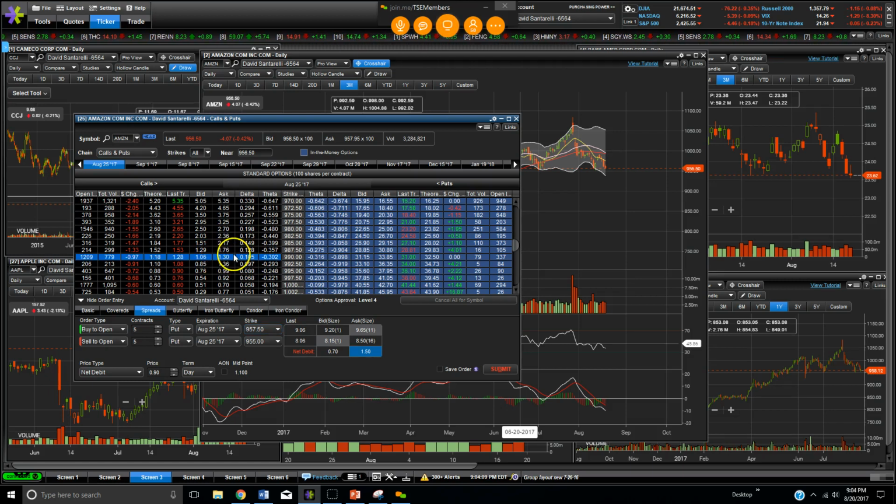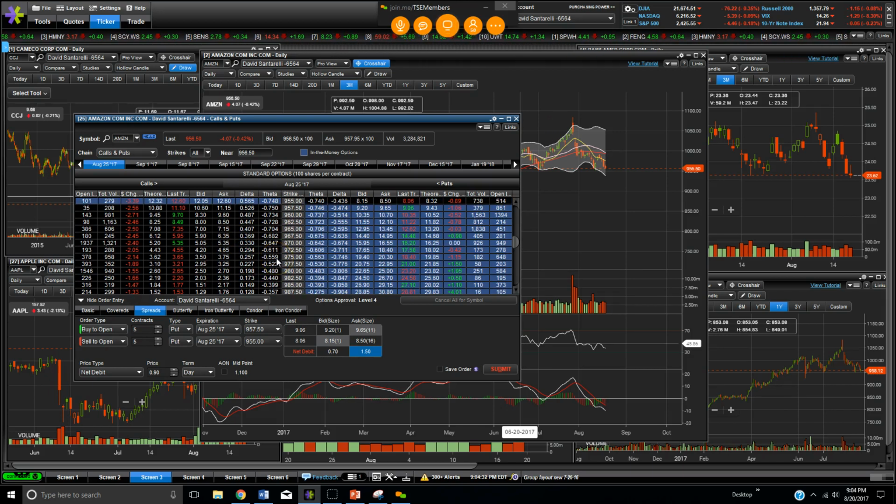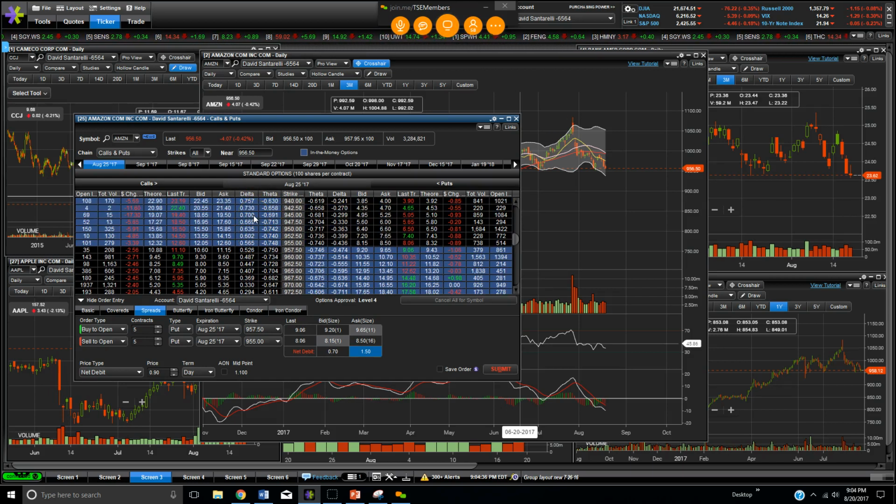So if you bought this option here, and I bought the 960, if Amazon moves up $1, for a perfect example, the Amazon moves up $1 tomorrow, it's going to increase by 10 cents for moving up that dollar, but it's going to decrease by 30 cents because it only has 4 days till expiration. So it's a losing battle there. Now if you go up here a little bit more, you see they're getting kind of even, kind of level. The deeper in the money you go, the delta is higher than the theta, which is great.